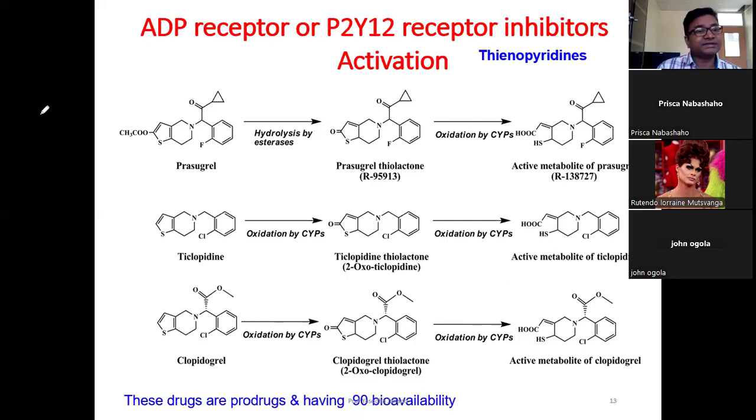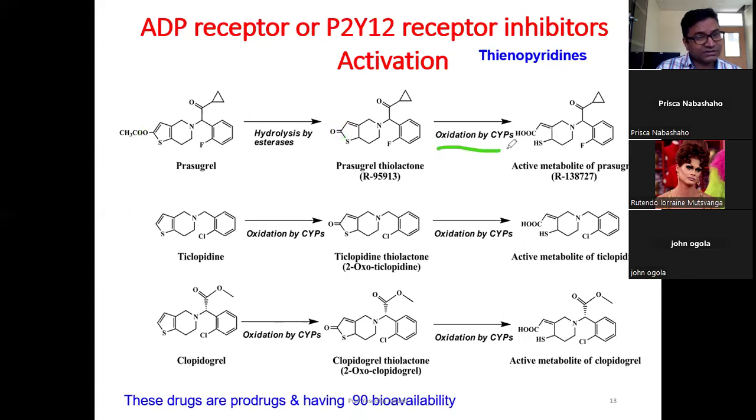If the atom is oxygen, we call it lactone. Here sulfur is there, that's why we call it thiolactone. In prasugrel, the ester group is broken and you get a keto group here, called thiolactone.